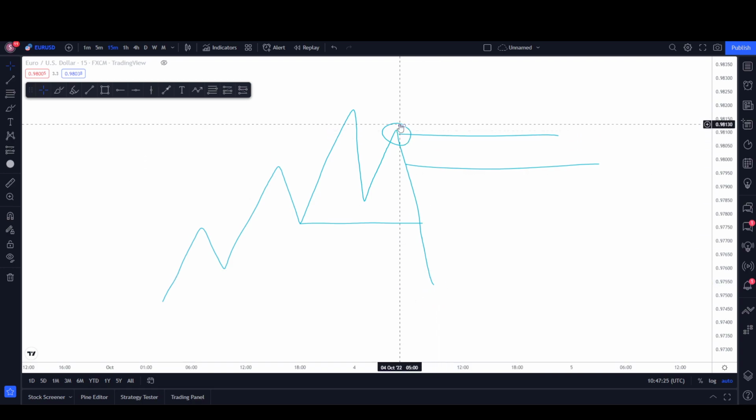And this is such an elementary level of understanding structure and understanding entry techniques and understanding PD arrays. It can get so much deeper than this, but obviously you don't need that. But this is everything, in my opinion. This is the closest thing to quote unquote perfection in terms of my trading.